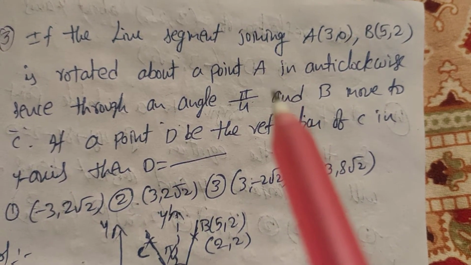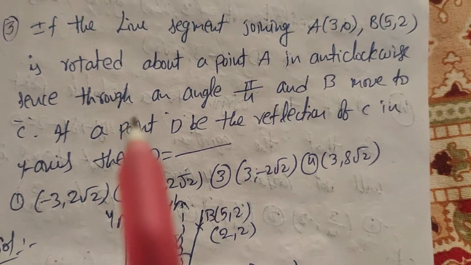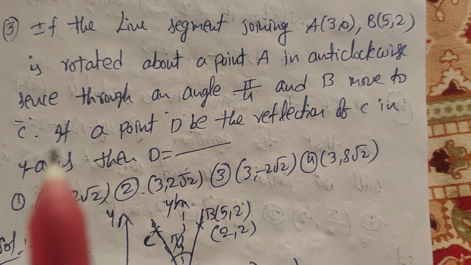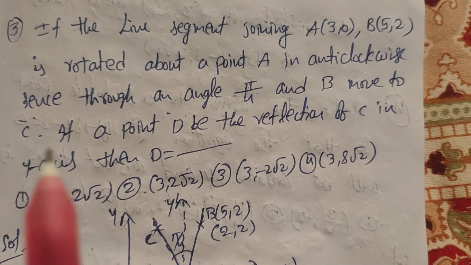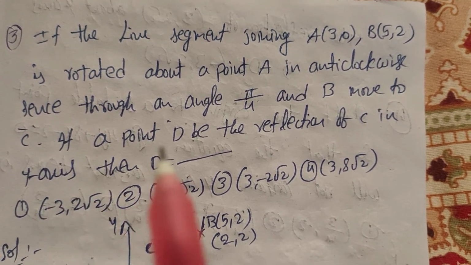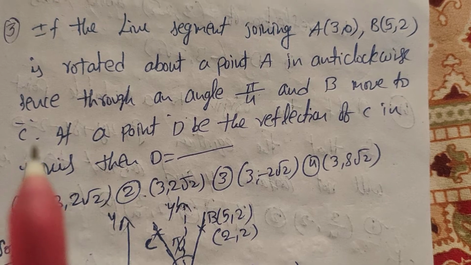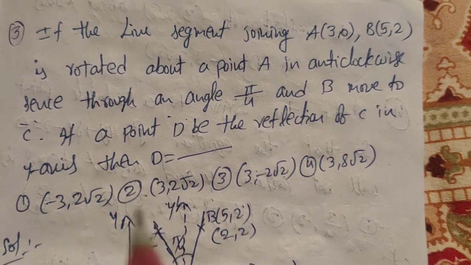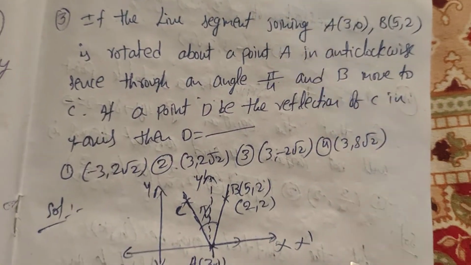You are just rotating the line segment through an angle 5/4 and B moves to another point. After finding that C, you have to find the reflection of C about the y-axis. Okay, so there are 4 options.